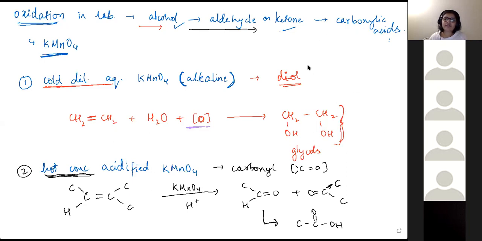But if you have hot concentrated acidified KMnO4, a stronger oxidizing agent, then wherever you have C double bond C, just break the double bond and add oxygen on both sides of the double bond. So if you end up with a ketone, let that be the final product. But if you end up with an aldehyde, instead of an aldehyde, just make it a carboxylic acid.